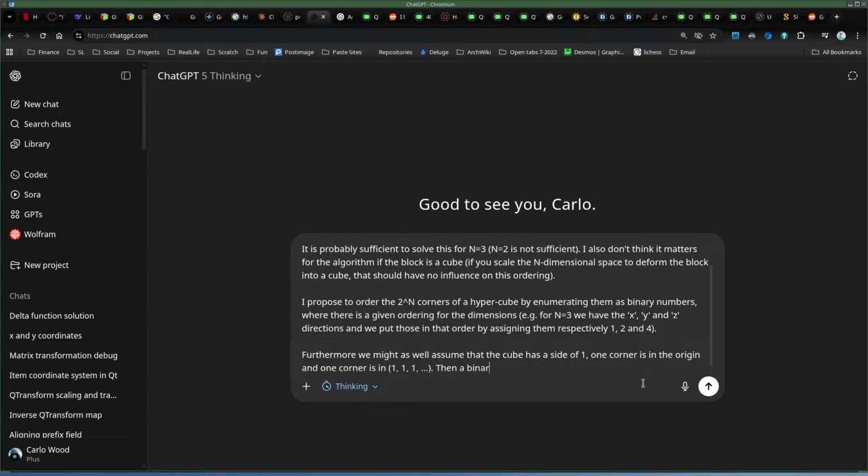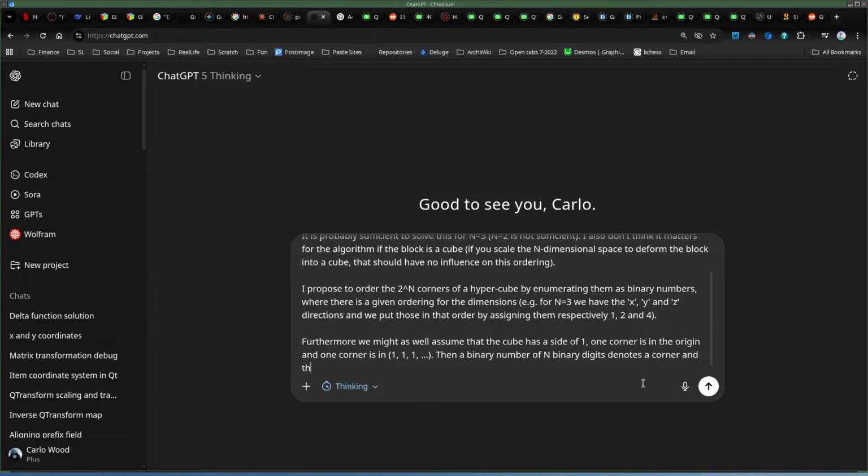Then a binary number of n binary digits denotes a corner. And as such, the corners are ordered.